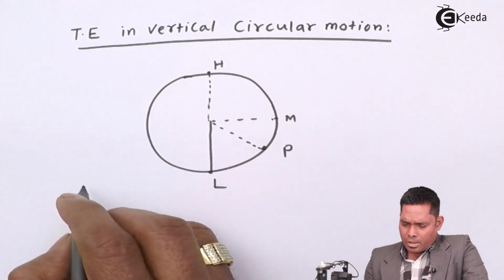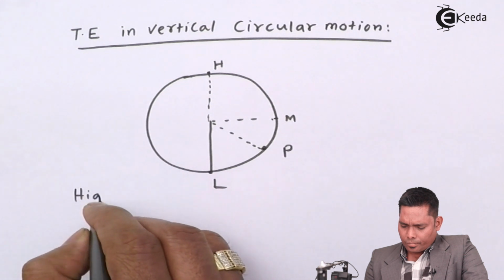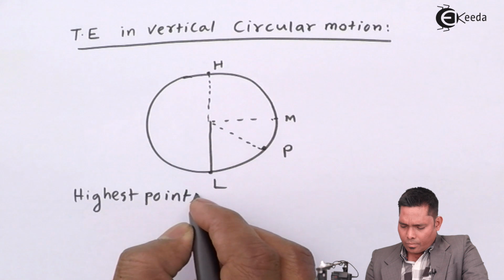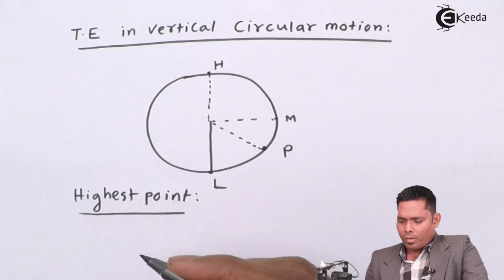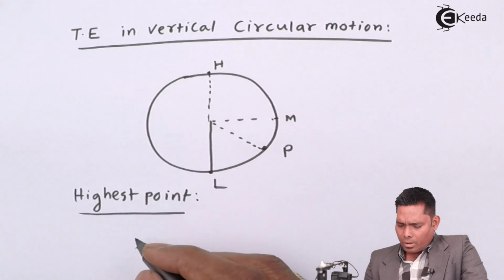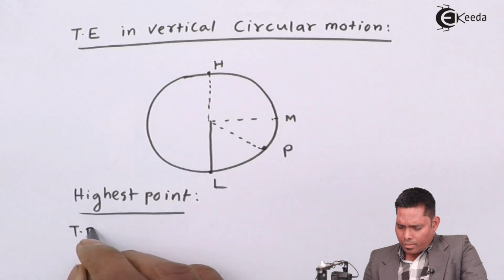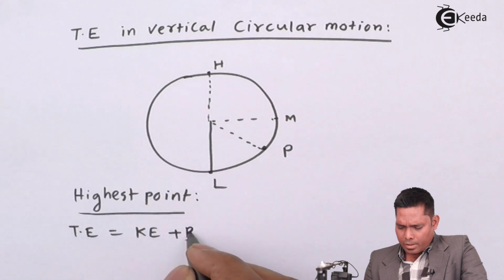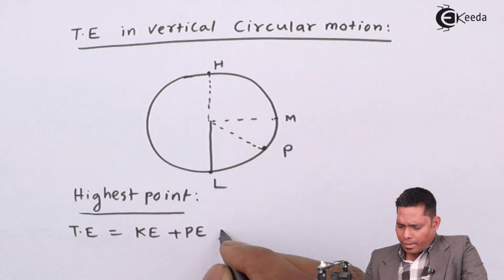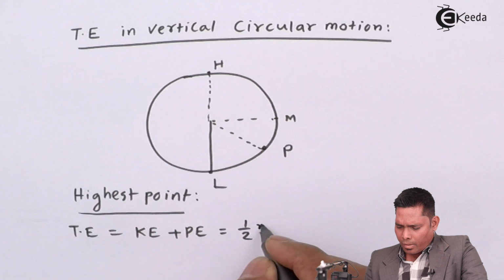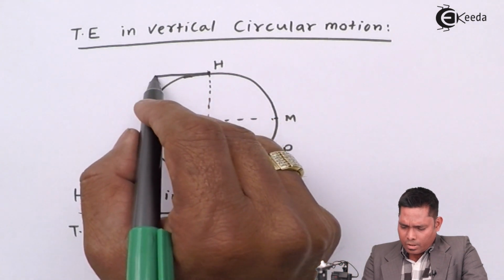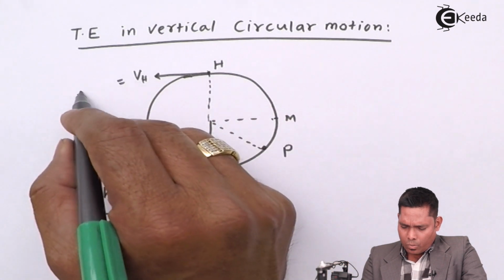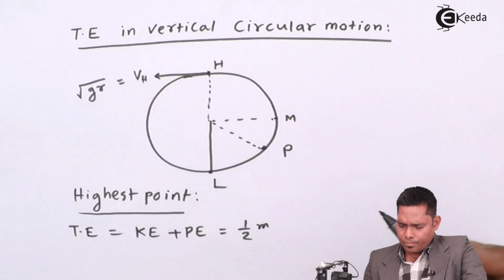At the highest point, the total energy is the sum of kinetic energy plus potential energy. The kinetic energy is half m Vh squared, where Vh is under root of gr.